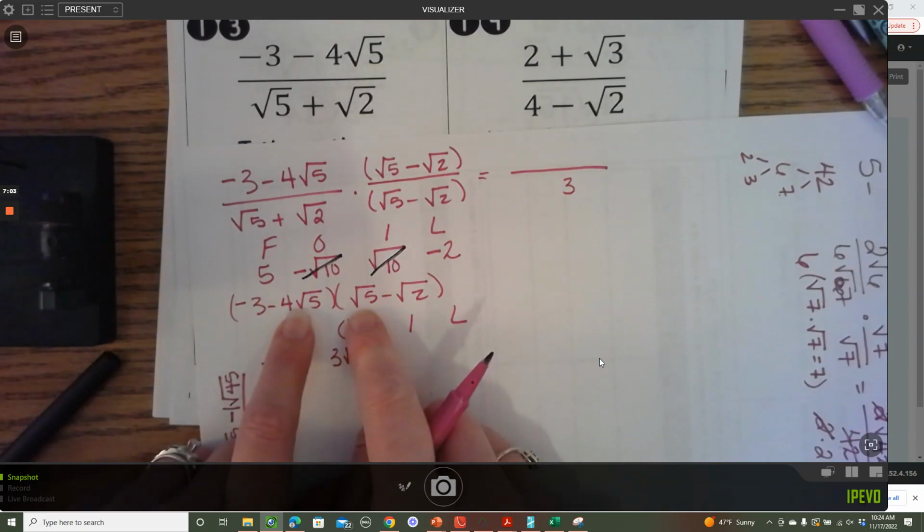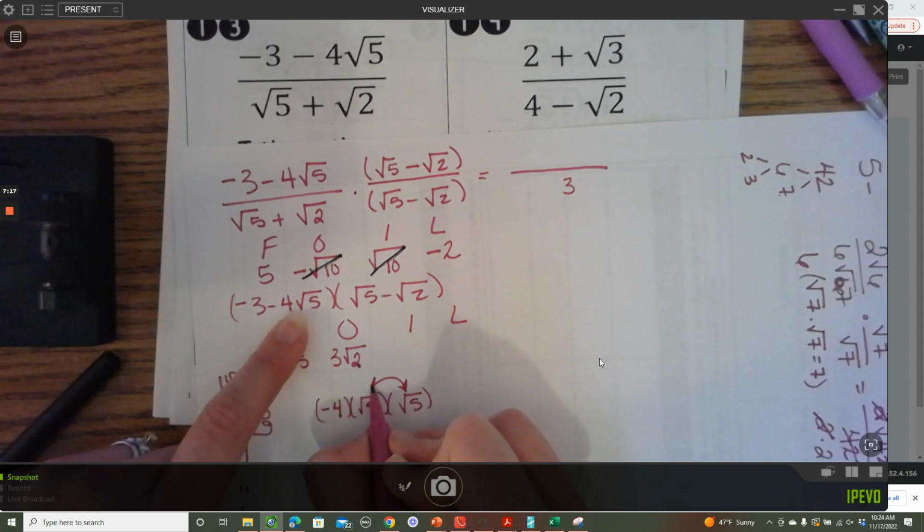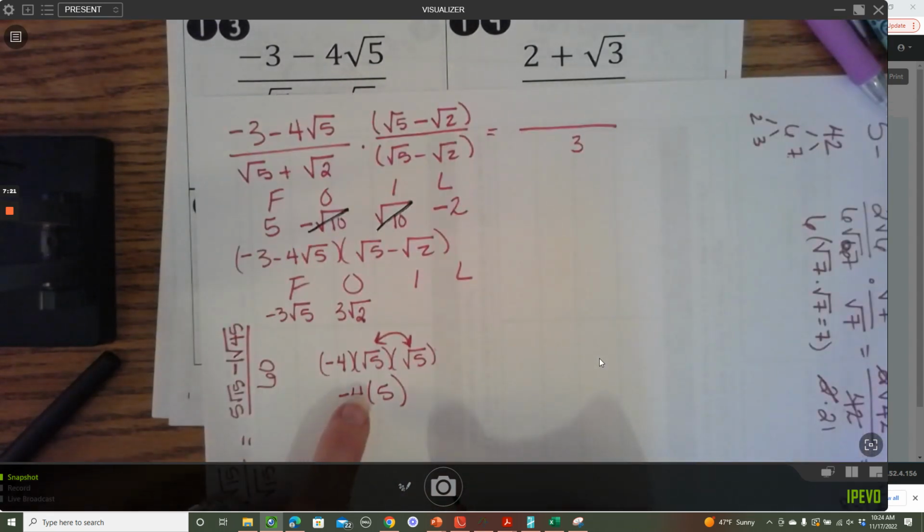Inside: negative 4 times the square root of 5 times the square root of 5. It's just 4 times 5, right? The square root of 5 times the square root of 5 just turns into a 5. But again, just don't lose pieces in there.